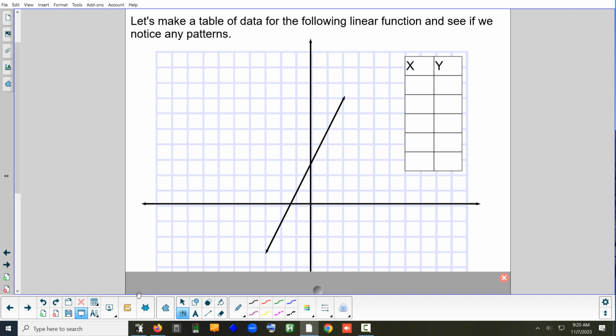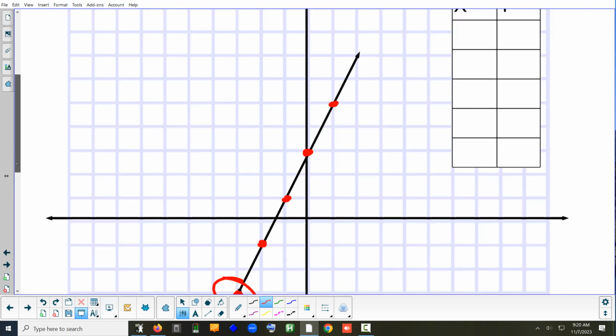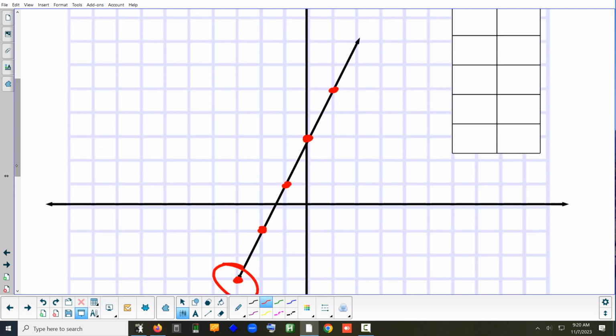What I'm going to do is label some points on this line. I'm just going to write them down and see what happens. Let's start with this point. What's the coordinate of this point down here?